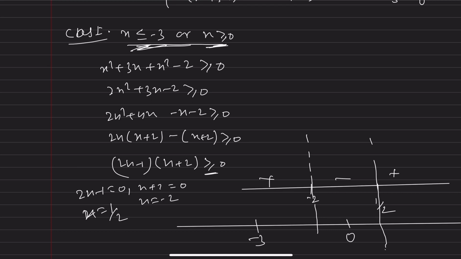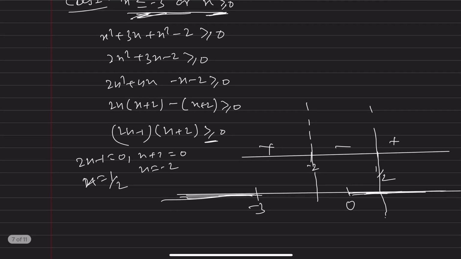And according to this, we have to consider all the values which are greater than 0 and all the values which are greater than minus 3. So we have to consider only the common values. So the common values are all the values of x which lie between minus infinity to minus 3, union 1 by 2 to infinity.